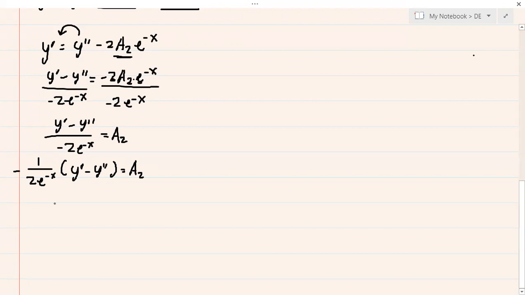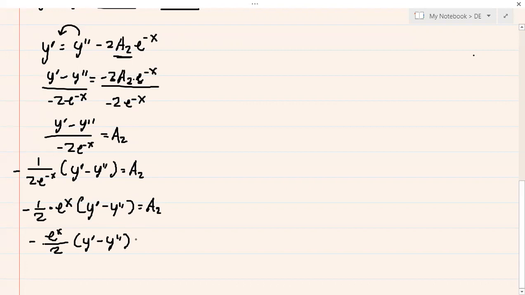So when you reciprocate e raised to negative x, you will have negative 1/2 times e raised to x. So therefore, if you're going to multiply together, e raised to x all over 2 times quantity y prime minus y second prime is equal to a sub 2. Ganyan na lang siya.